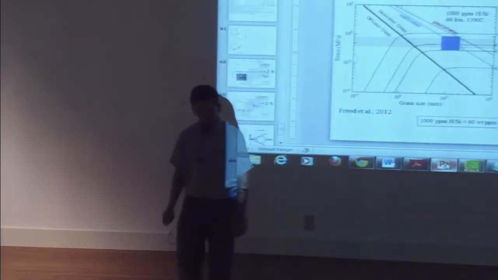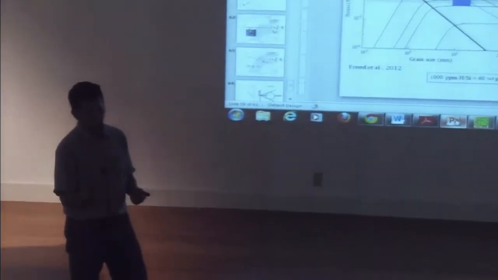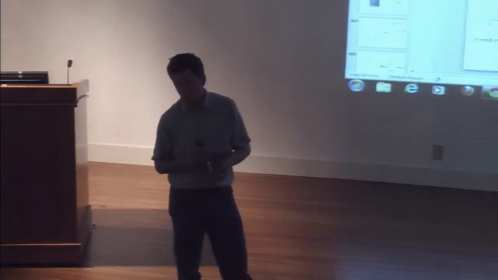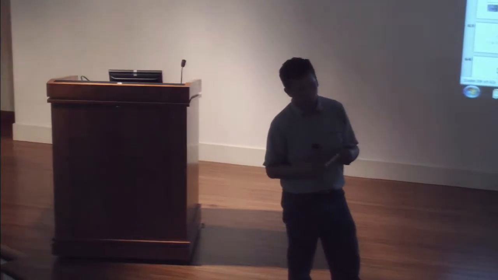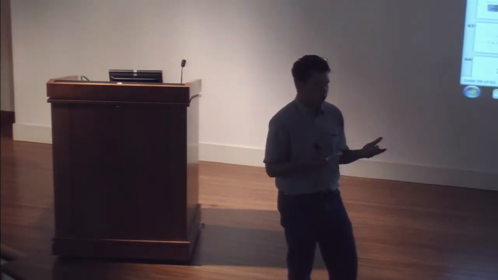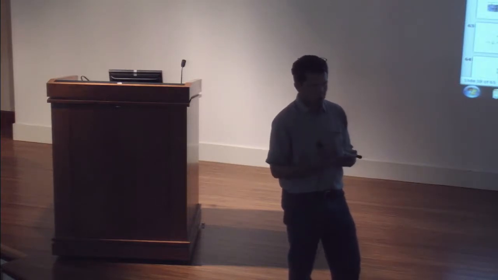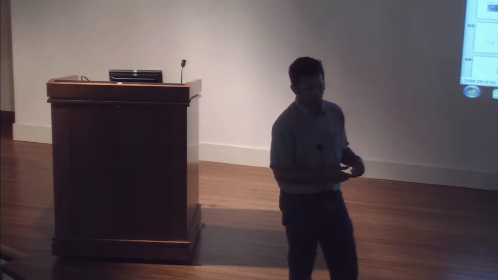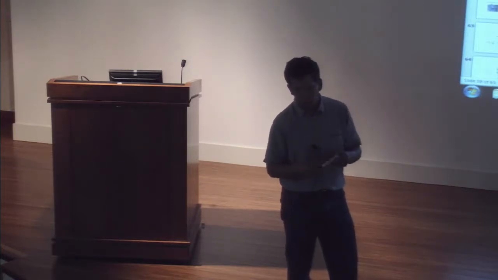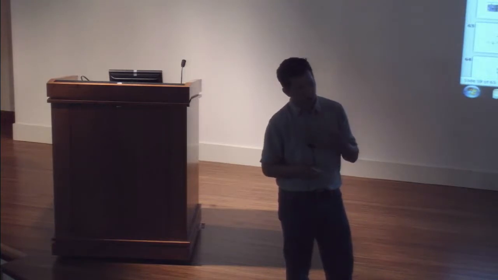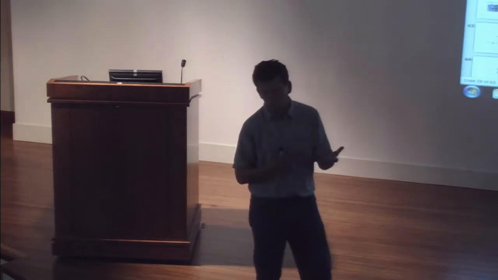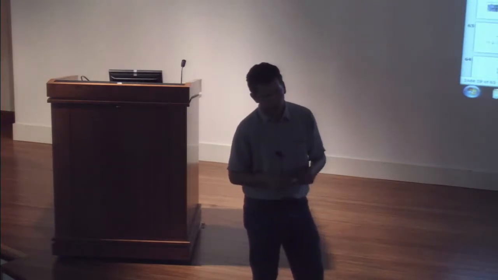You could do it for a constant strain rate but different temperatures, which is another common plot to use. And the reason it's useful, if you're running convection codes, is you can see which mechanisms are dominating where in your codes. But you can also compare if you're a geologist to look at your rocks. So how do they plot on a thing like this?